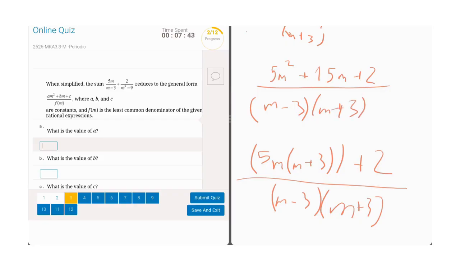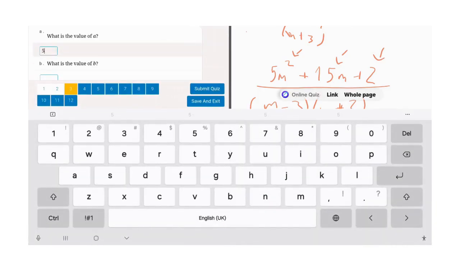So here they want it in the form am squared plus bm plus c over the least common denominator, which they write as f into m. Later on they say f into m is the least common denominator, so that means we just keep it like it is. Am squared will be 5m squared, bm is 15m, and c is 2. So we can write a is 5, b is 15, and c is 2.